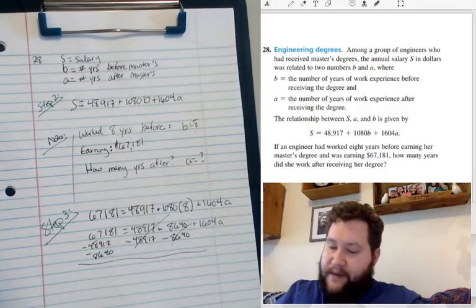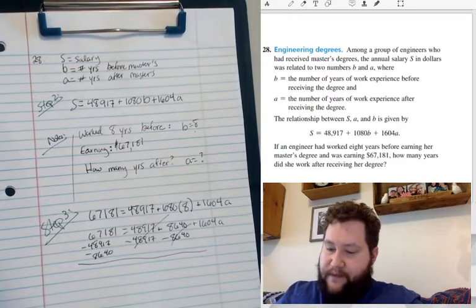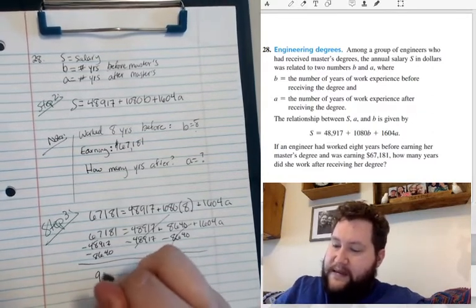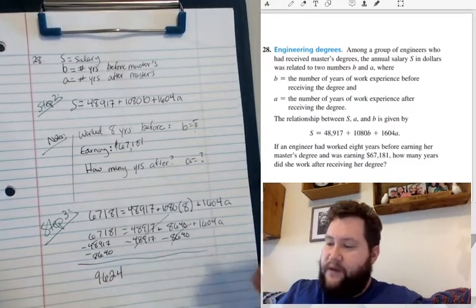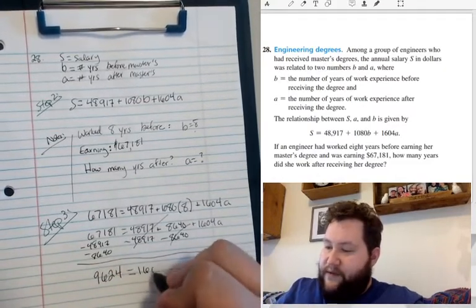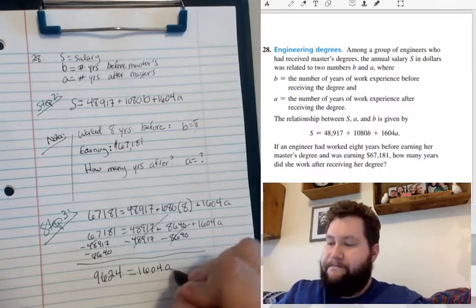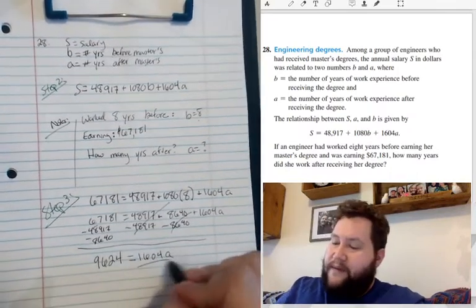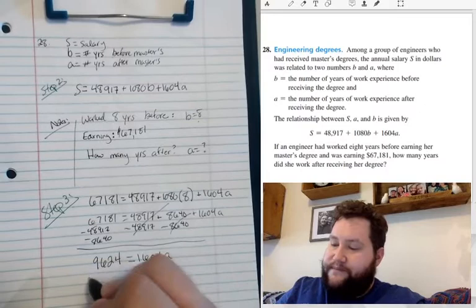I typed it wrong because I got a negative number. 67181 minus 48917 minus 8640 gives 9,624 equals 1604A. Divide both sides by 1,604.